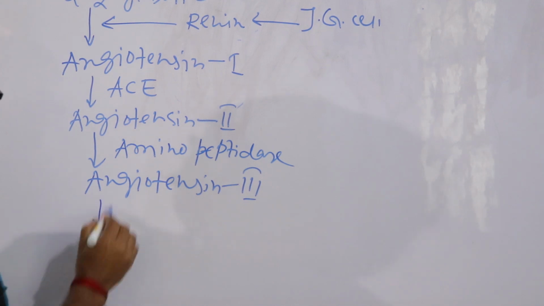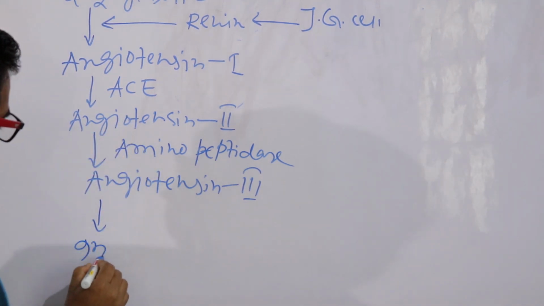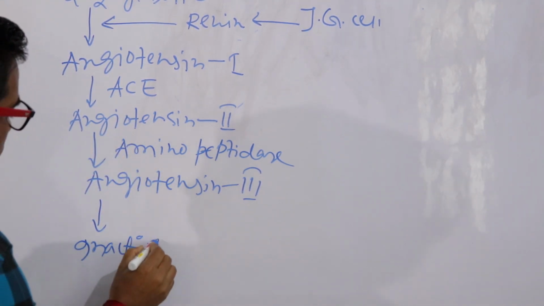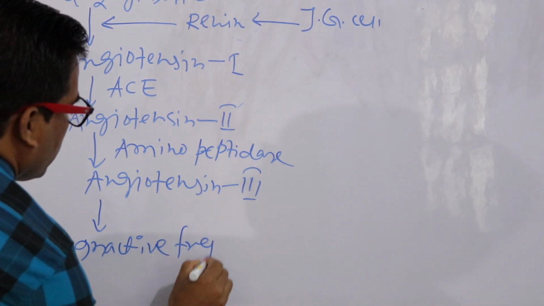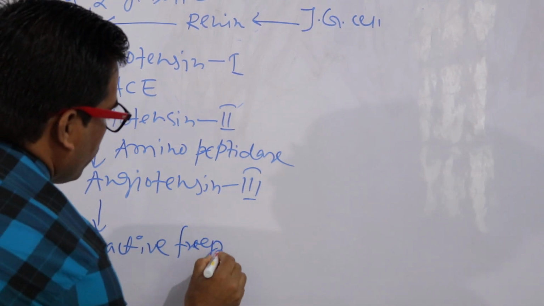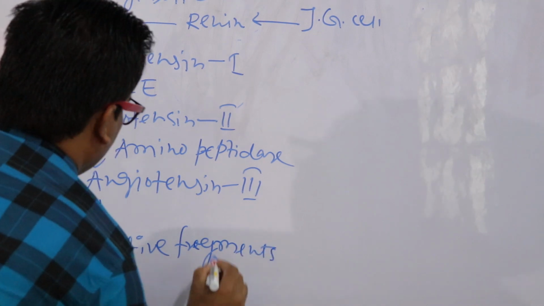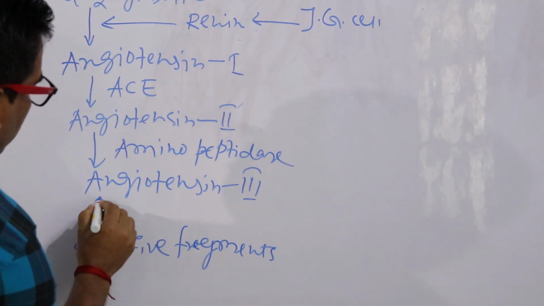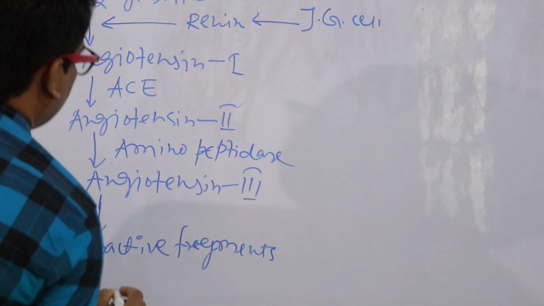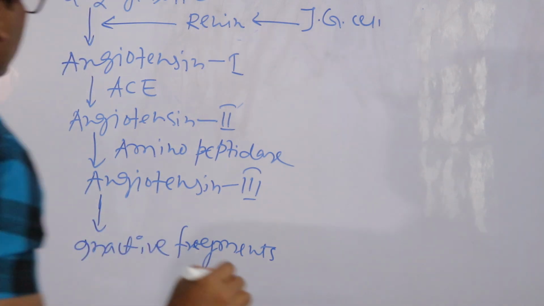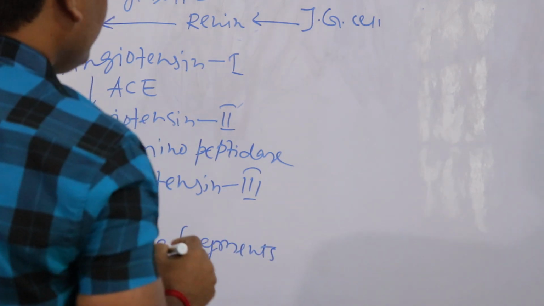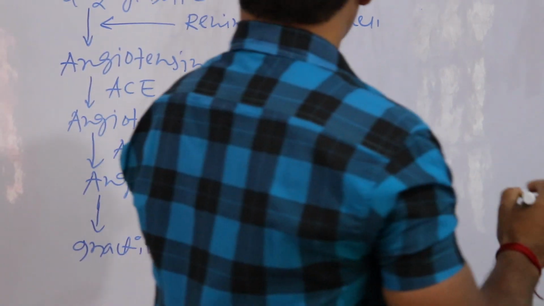Then it ultimately gives inactive fragments. Now, when the kidney releases the renin, there will be two mechanisms.